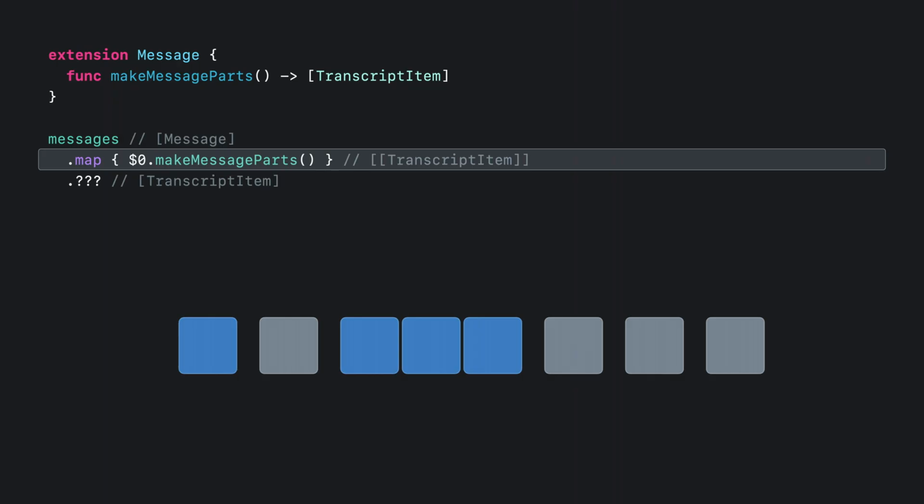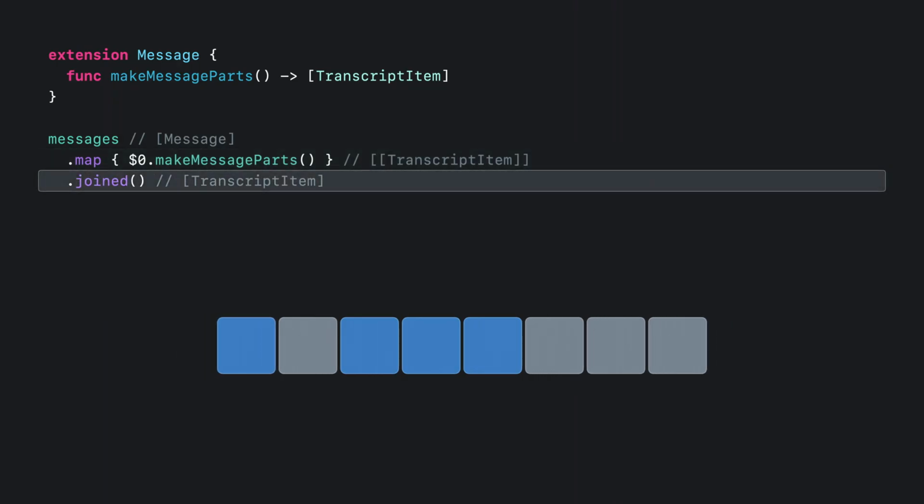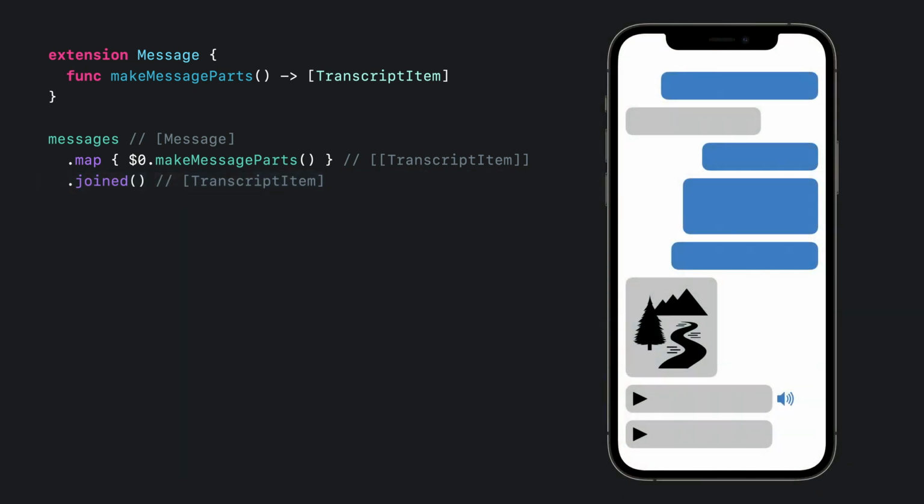Does this mean I have to go back to using a raw for loop? Of course not. We've got another algorithm for that. It's called joined. What it does is join together all the inner arrays into a single flat collection of elements. This pattern of mapping and joining is so common that we define another special kind of map for it: flat map.